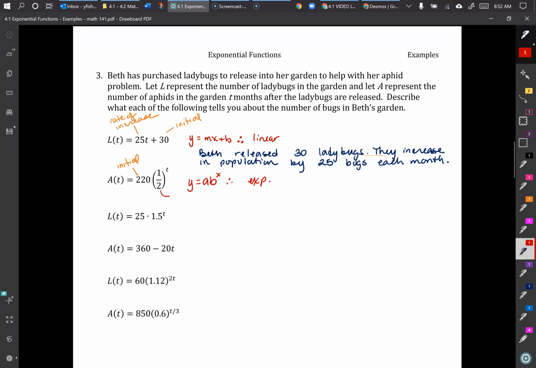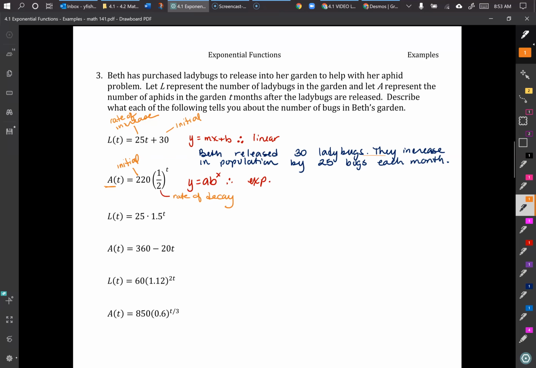So this would be my rate of growth or decay. Okay, so this is the number of aphids here, right? So this one's going to be a decay because it is a half, so it's 50%. So we'll just write decay.